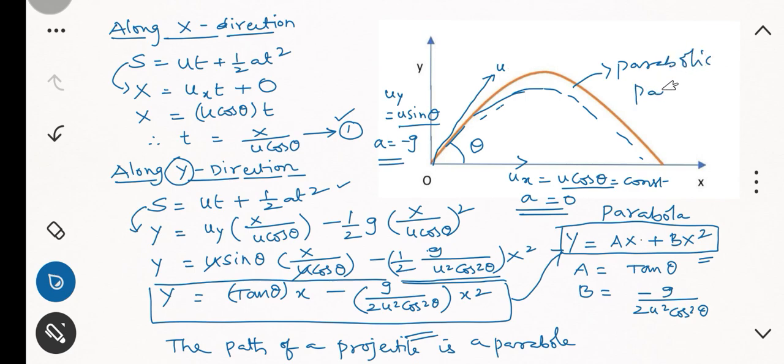This parabolic path is shown by the final expression y is equal to ax minus bx square, that is y is equal to tan theta into x minus g by 2u square cos square theta into x square, which is similar to the parabolic equation. So we can finally conclude that the path of a projectile is a parabola. Thank you.